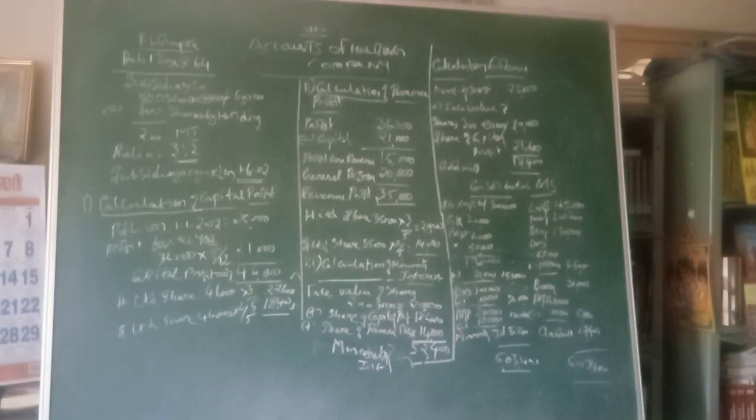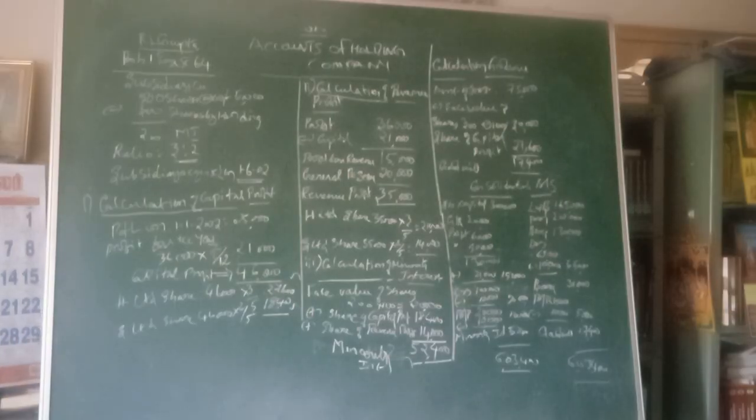With the 20,000, that comes to 52,400. That is the minority interest, and mind it, this amount will appear on the liability side of the consolidated balance sheet.